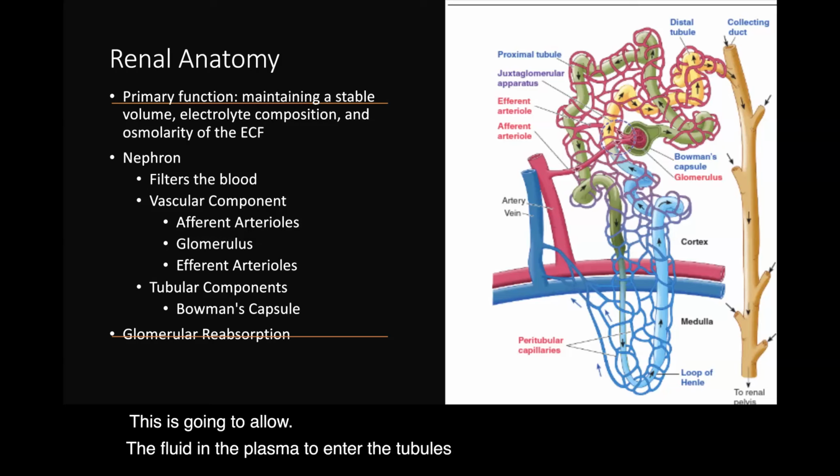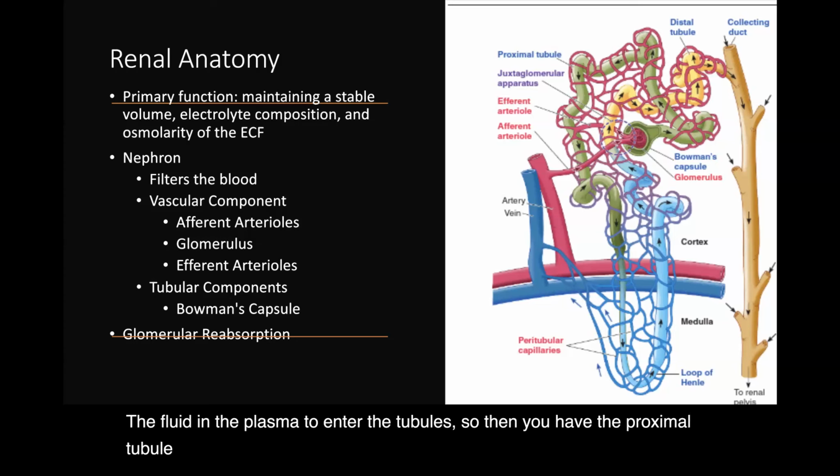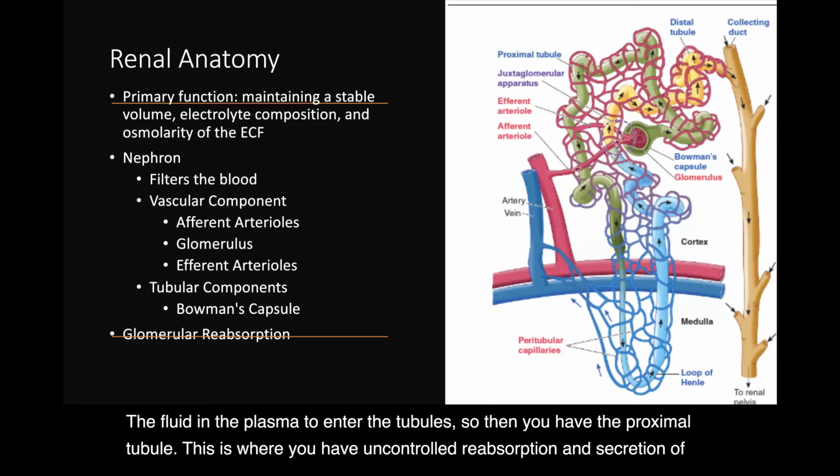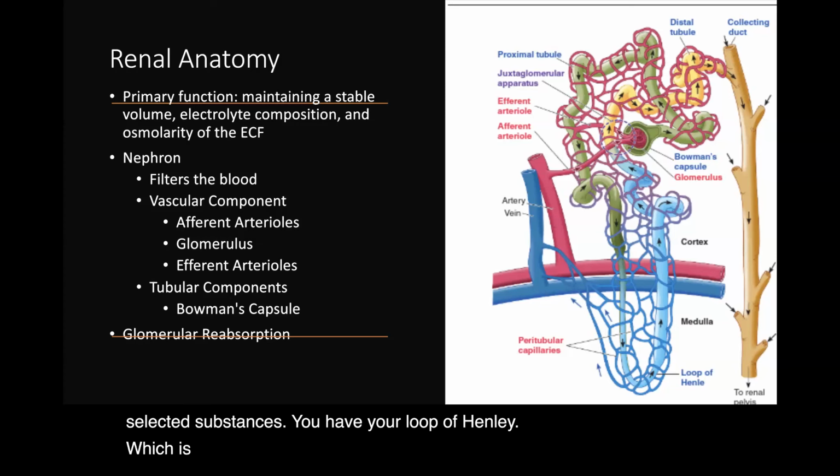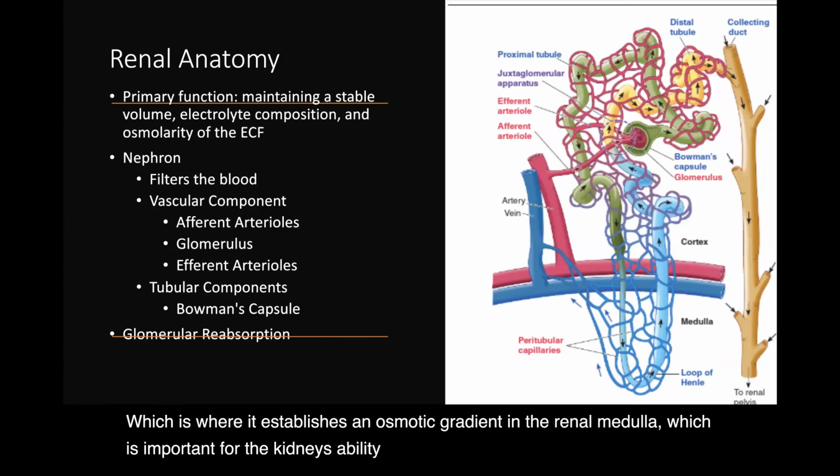So then you have the proximal tubule. This is where you have uncontrolled reabsorption and secretion of selected substances. You have your loop of Henle, which is where it establishes an osmotic gradient in the renal medulla, which is important for the kidney's ability to produce urine of varying concentration.